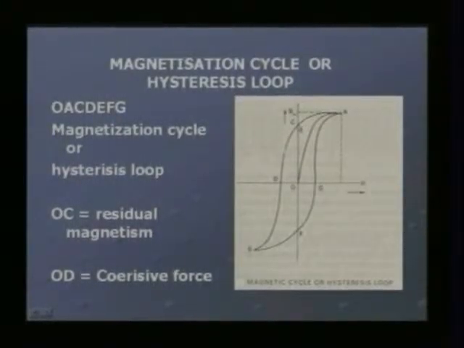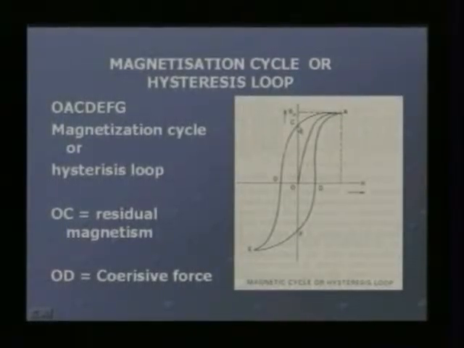When H is equal to 0, which comes on the y axis, that is axis of flux density, B is not 0, but has definite value OC. This value of B is known as residual magnetism, and this property of retaining the magnetism even if the field strength is 0 is called remanence or retentivity of the material.